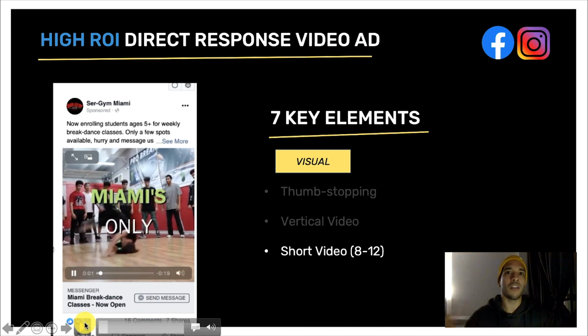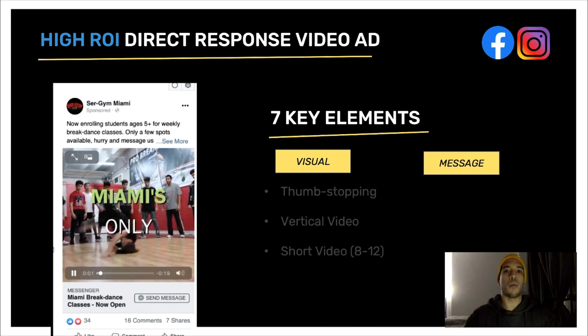It doesn't mean every single video for every audience, for every product needs to be 8 to 12 seconds. But ideally, you want to be in the 8 to 12 second mark for a short form video on Facebook and Instagram. If it's a retargeting video, potentially your audience has already familiarity. Maybe they're willing to watch something longer form in nature. But generally, we try to keep it 8 to 12 seconds.